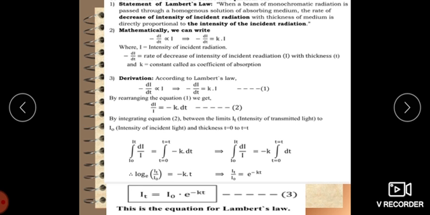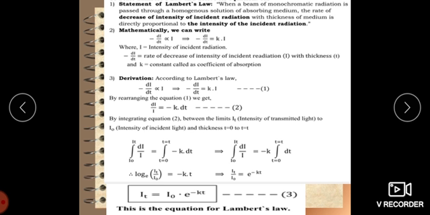Okay, the statement for Lambert's law: when a beam of monochromatic light is passed through a homogeneous solution of absorbing medium, the rate of decrease of intensity of incident radiation with the thickness of medium is directly proportional to the intensity of incident radiation.